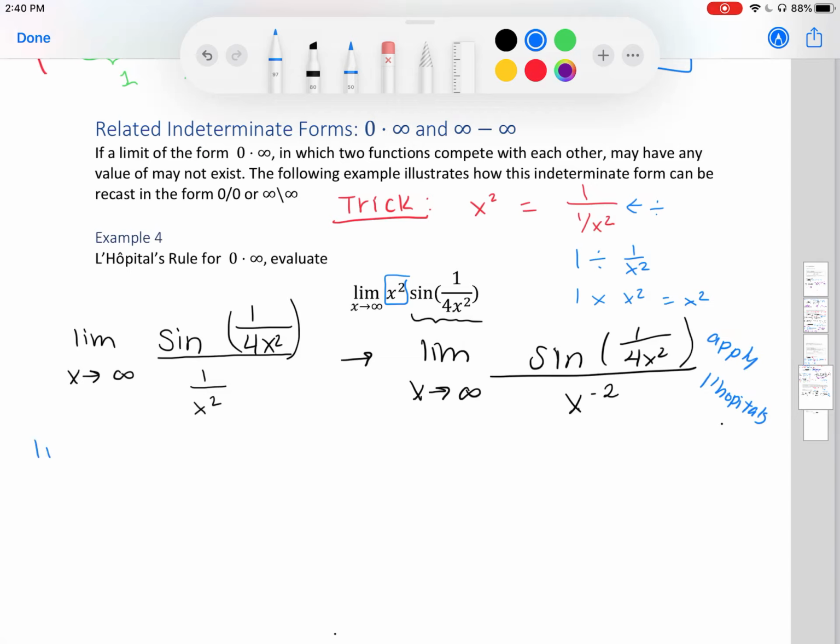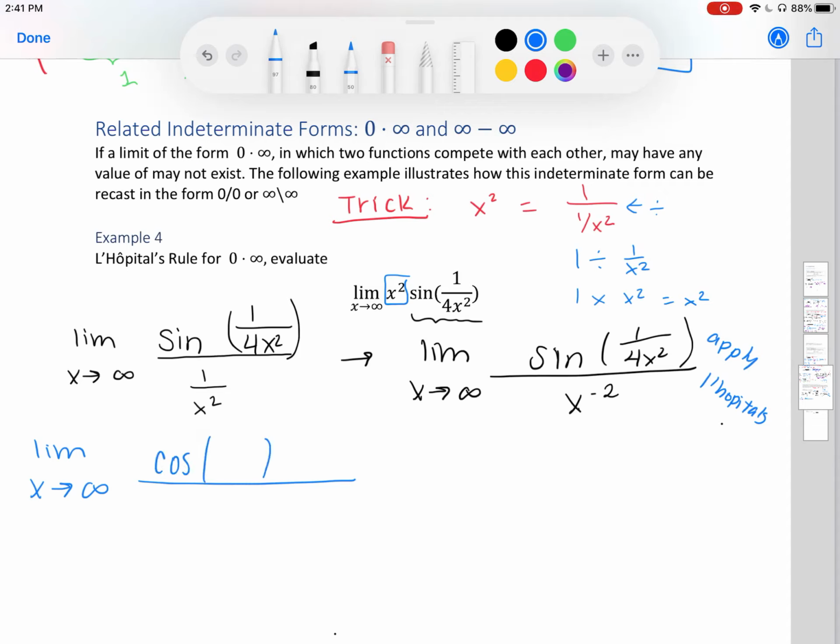So I have the limit as x is approaching infinity. Okay, so we're taking the derivative of a trig function, and we have to use our chain rule. So the derivative of sine is cosine.